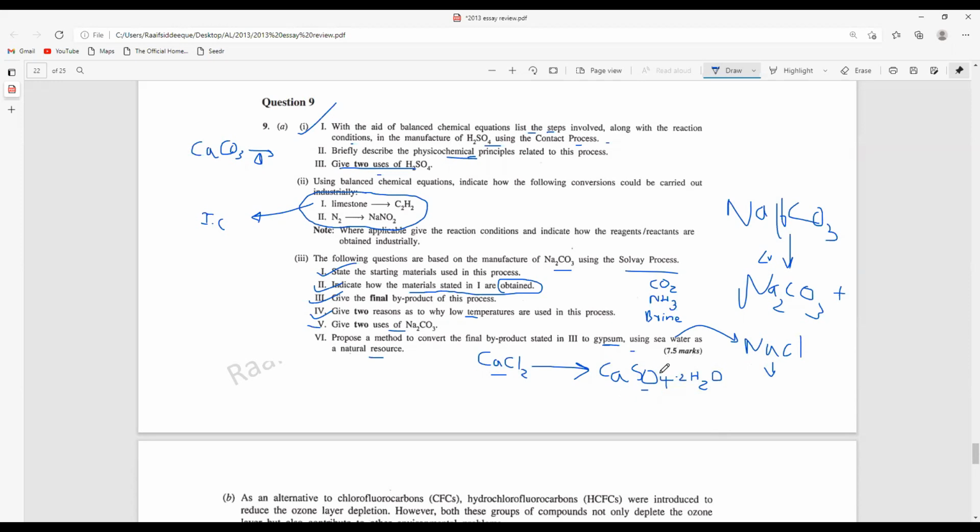We study this especially in the salt process. This is not necessarily important here, but you should know the general idea. And you should know all the reactions happening in this particular process.